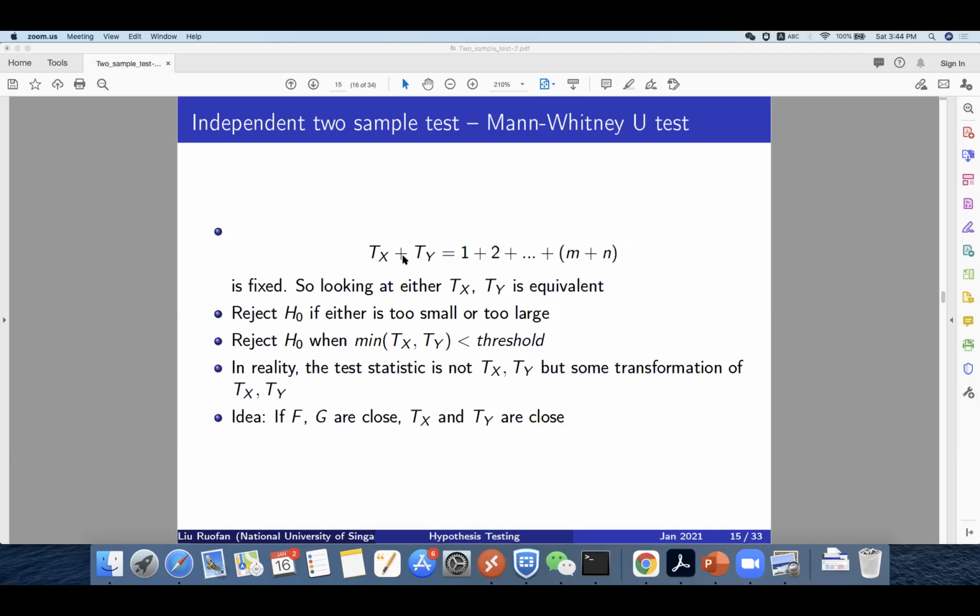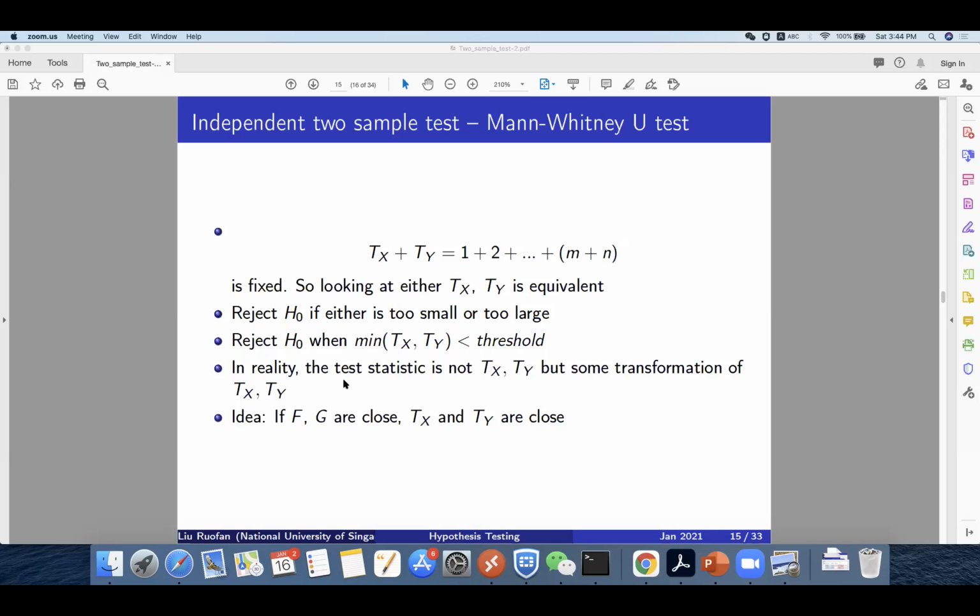Because Tx plus Ty is fixed, since it's just the sum of ranks for all the examples, we can look at either Tx or Ty. It's equivalent. We will reject H0 if either Tx or Ty is too small or too large. So we reject H0 when the minimum of Tx, Ty is smaller than a certain threshold.